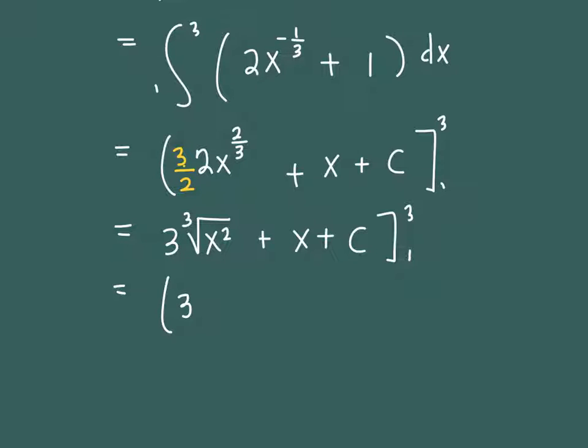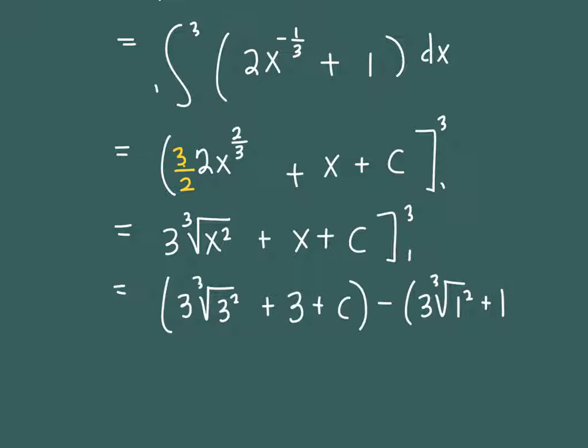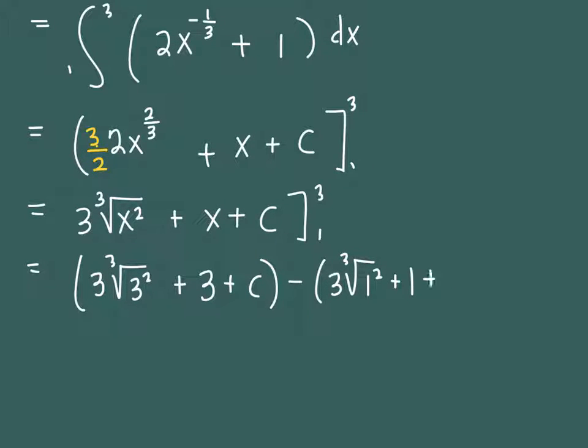So we substitute, we'll have 3 times the cube root of 3 squared, plus 3 plus c, minus 3 times the cube root of 1 squared, plus 1 plus c. And we distribute our negative.